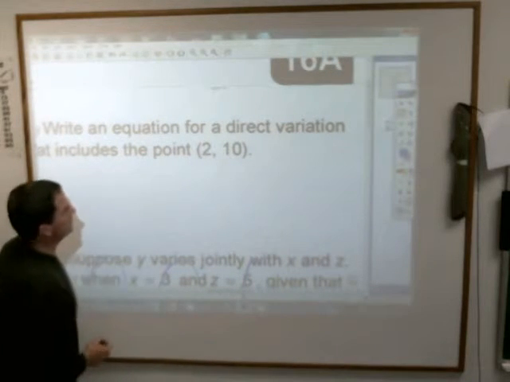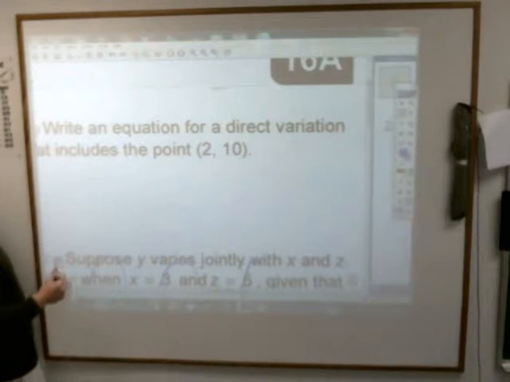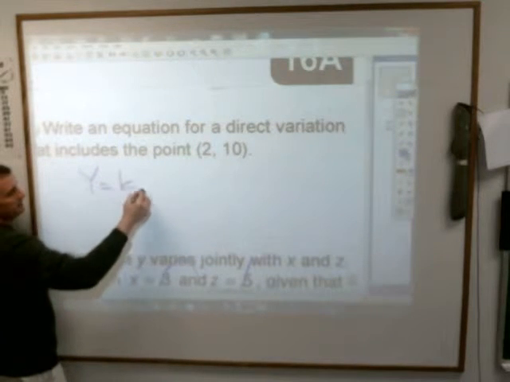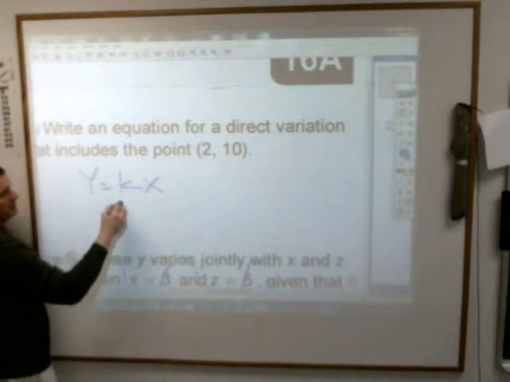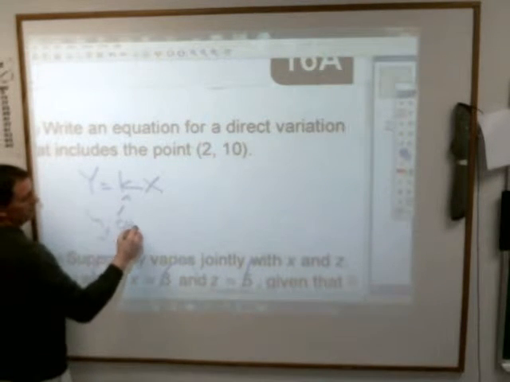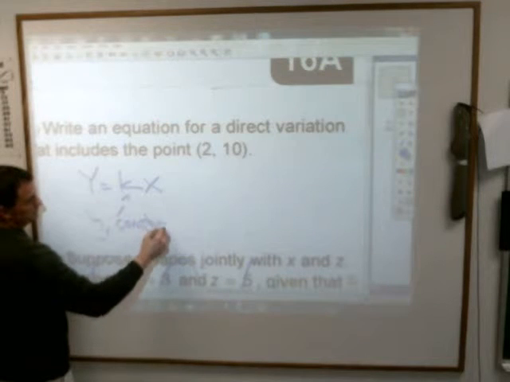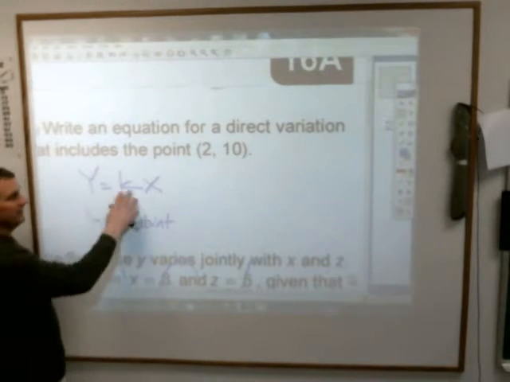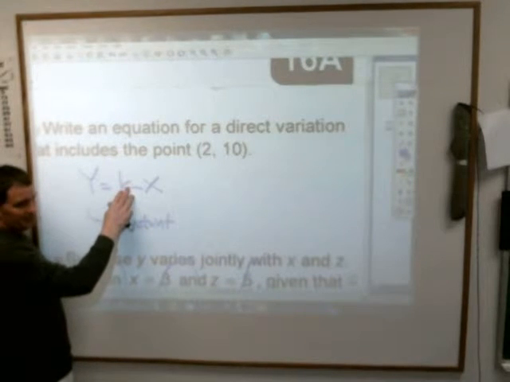Number 6, in my notes, I would jot this down. The direct variation equation is y equals k times x, where k is the constant of variation. So your equation, when they ask you for it, will look like this, except you want to know what the letter k is.